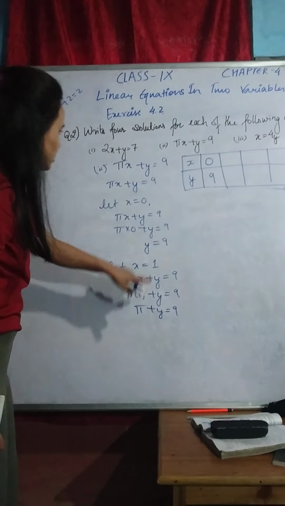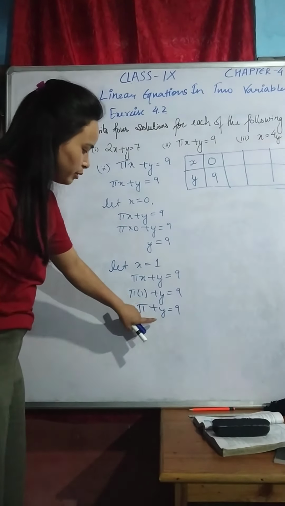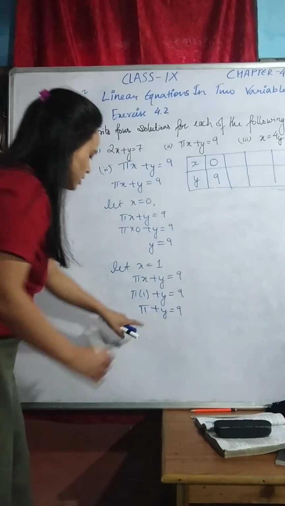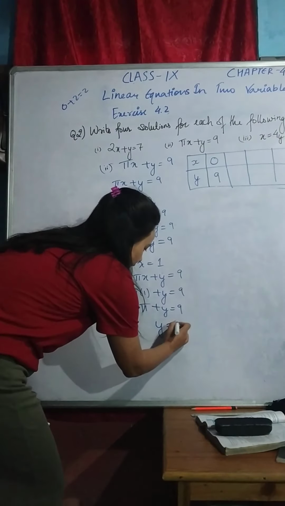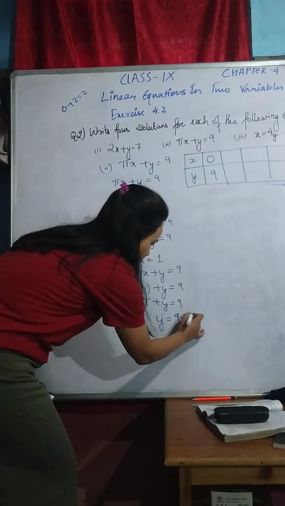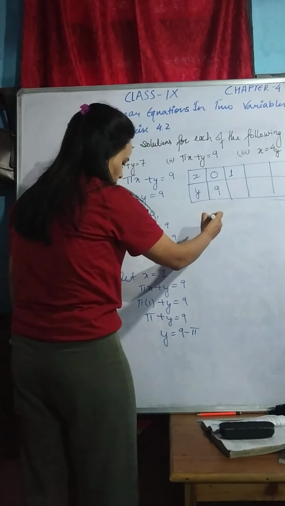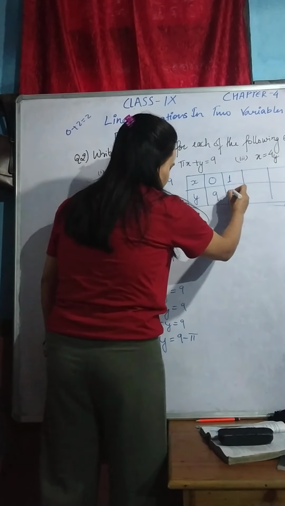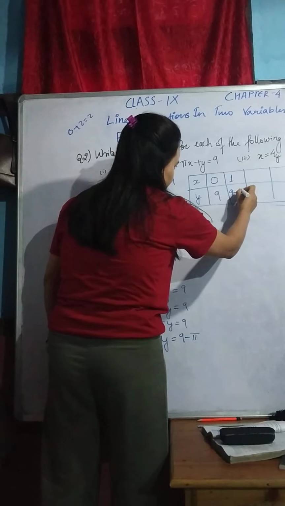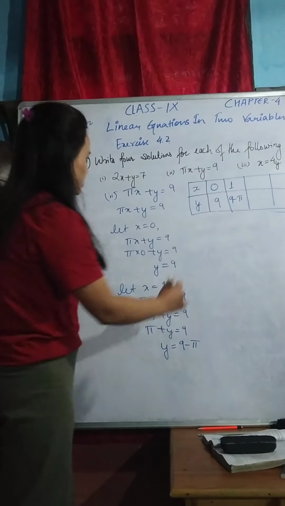This we have already discussed in the previous question, that we cannot keep a number with y. So let us take pi to the right hand side. So this plus pi becomes minus pi. So when we assumed the value of x as 1, the value of y is 9 minus pi. Okay, now we need to find 2 more solutions.